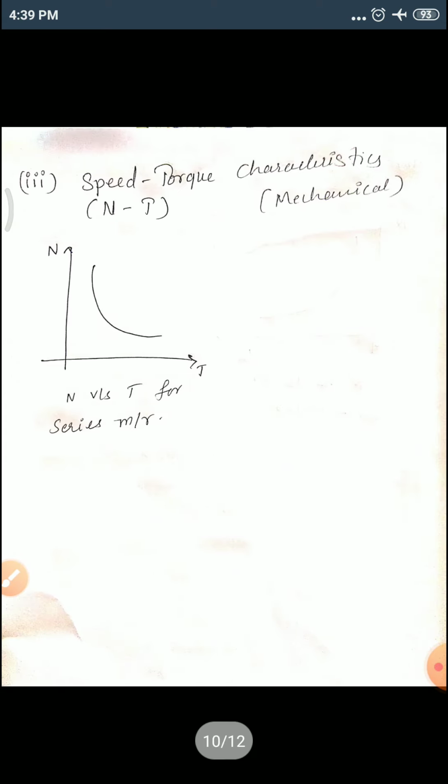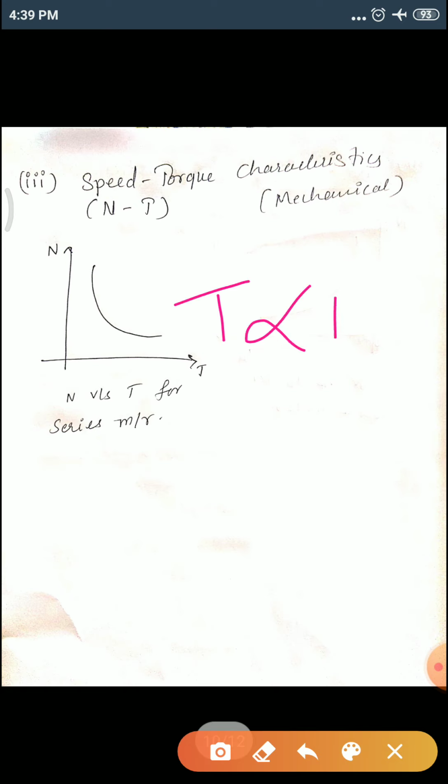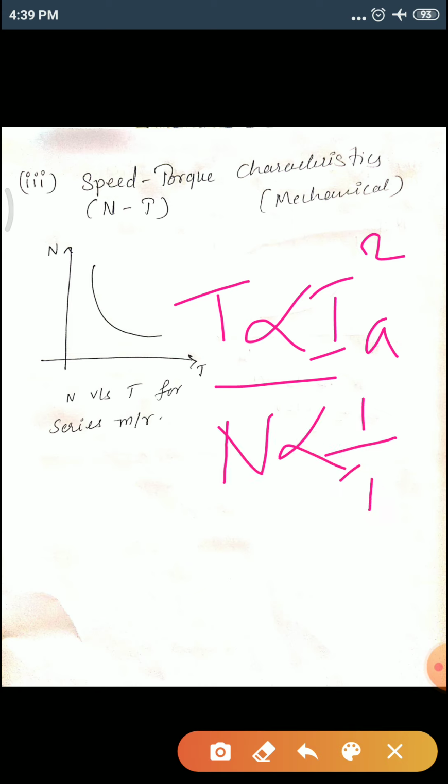The last one is speed torque characteristics. We'll see this speed torque characteristics. As we have seen, T is proportional to IA square. This is for torque and armature current in the first characteristic. And in the second characteristic, we have said N is proportional to 1 by IA.